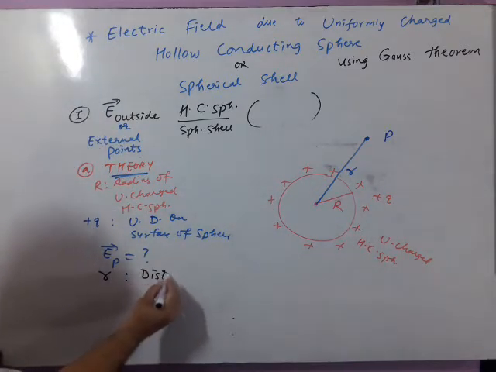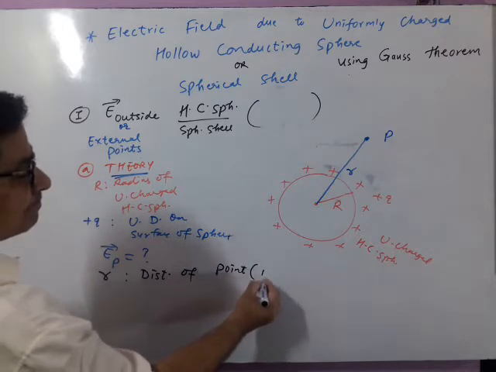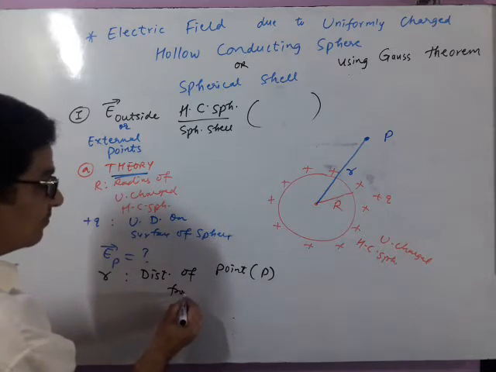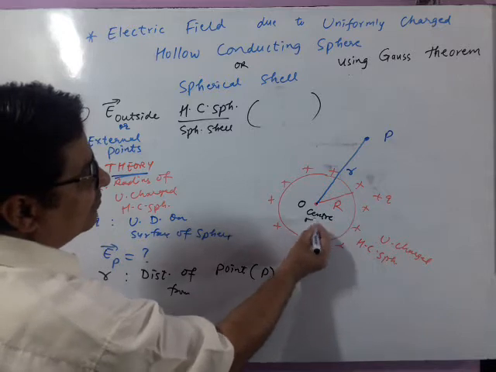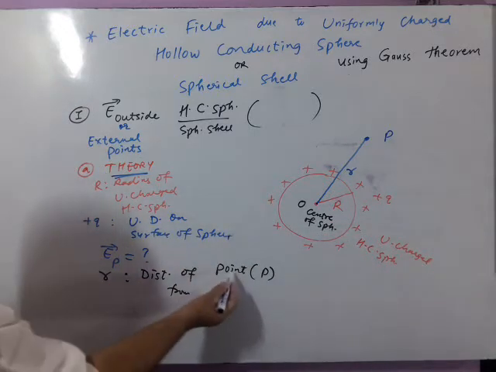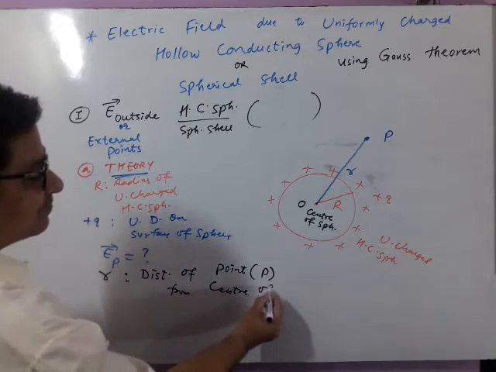Small r is the distance of the point from the center of the sphere. I repeat, small r is the distance of the point from the center of the sphere.